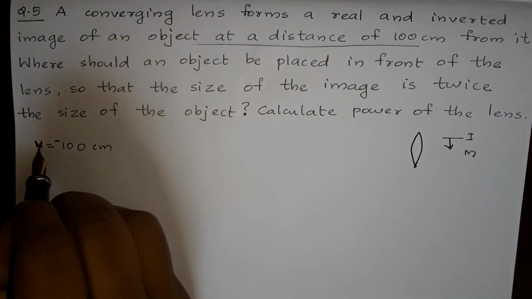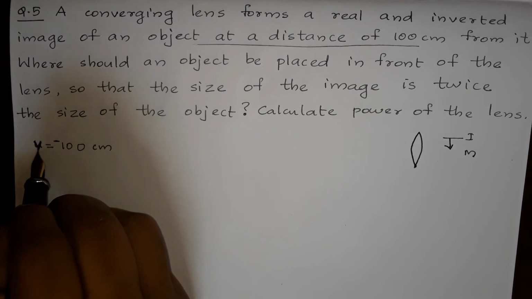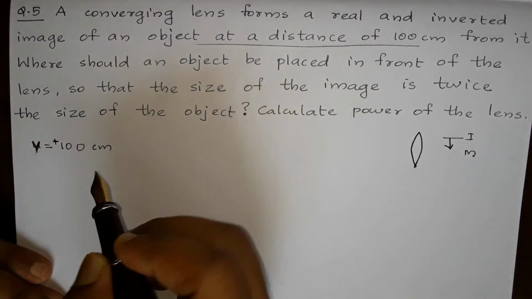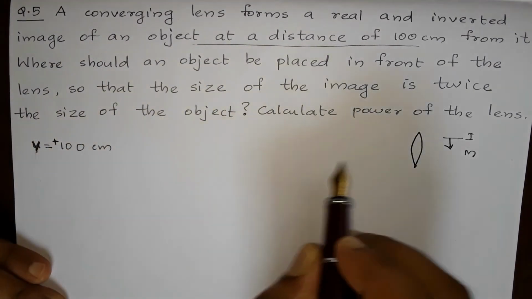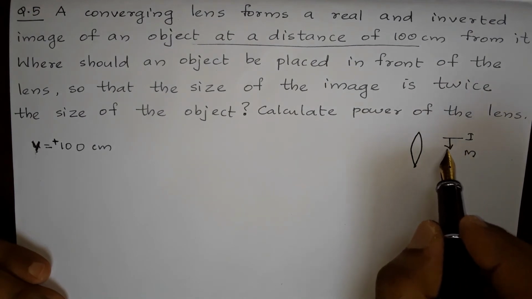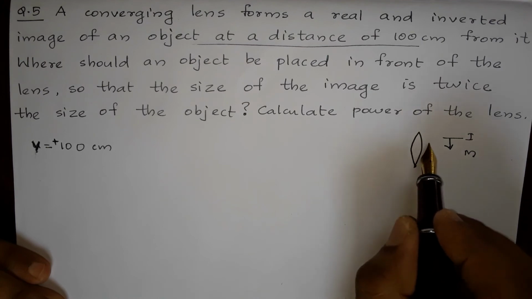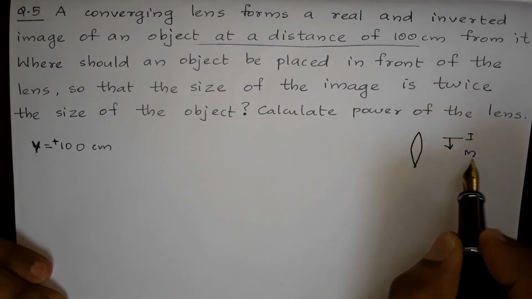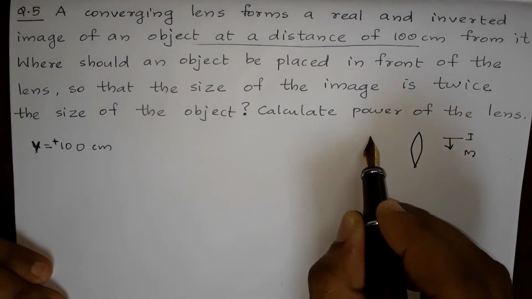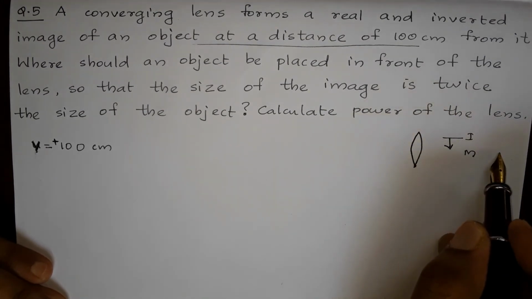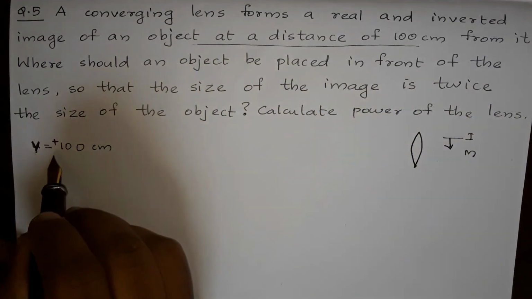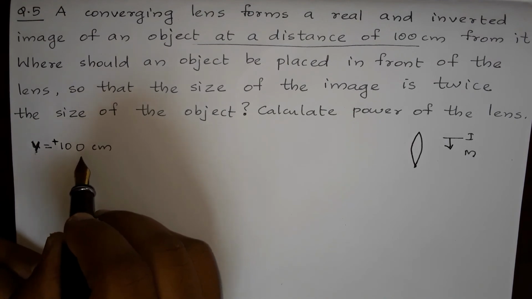So v is equal to positive 100 centimeter, because it is said that the image is real. That means the image will be formed behind the lens. If the object is here, the image is formed here. So v is equal to 100 centimeter.